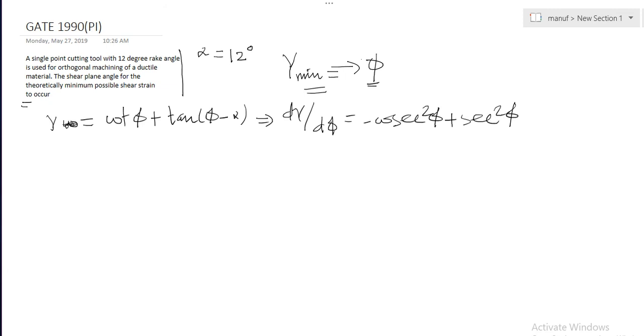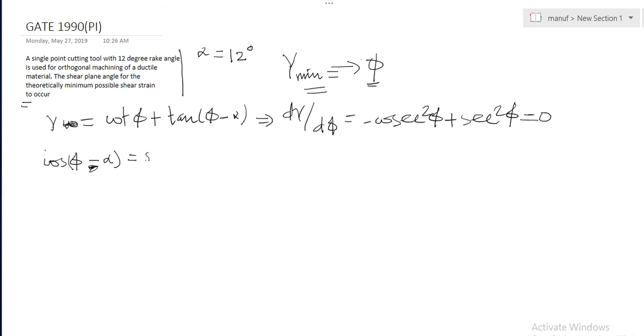So now if I equate it equal to 0, then I can say cos phi minus alpha equal to sin phi.